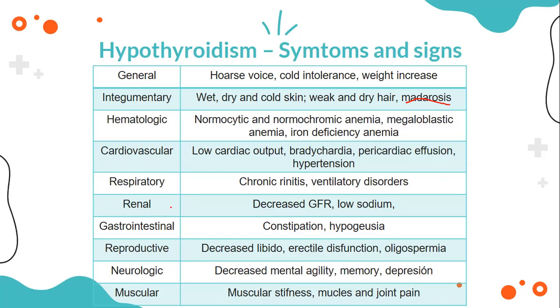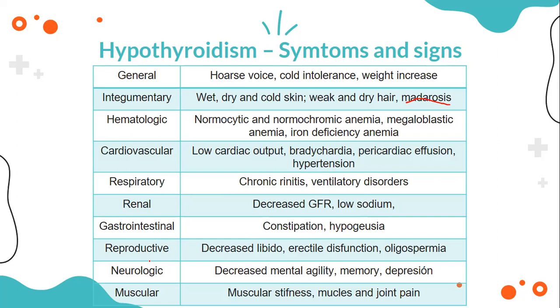In the renal system, there would be a decreased GFR, right? Can anybody tell me what GFR is? Glomerular filtration rate, right? So next, gastrointestinal: this person would be constipated and would have a decreased sense of taste, right?